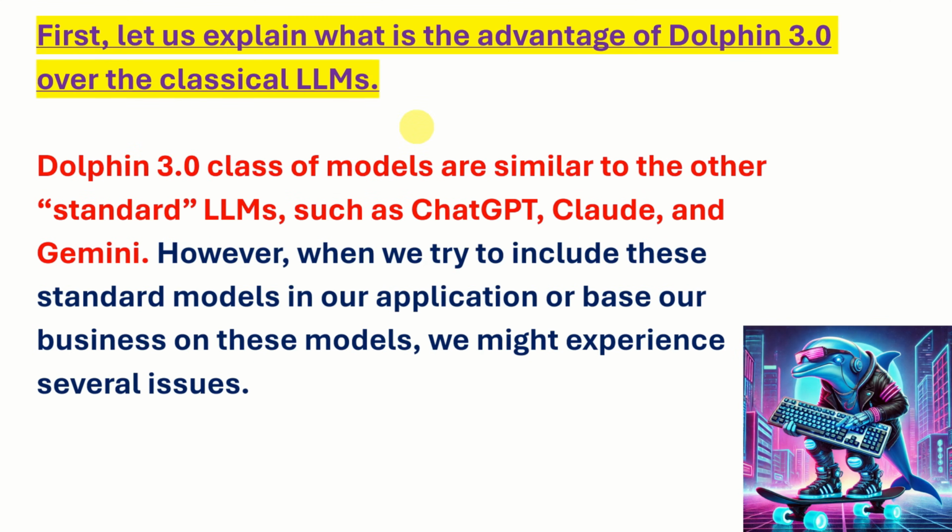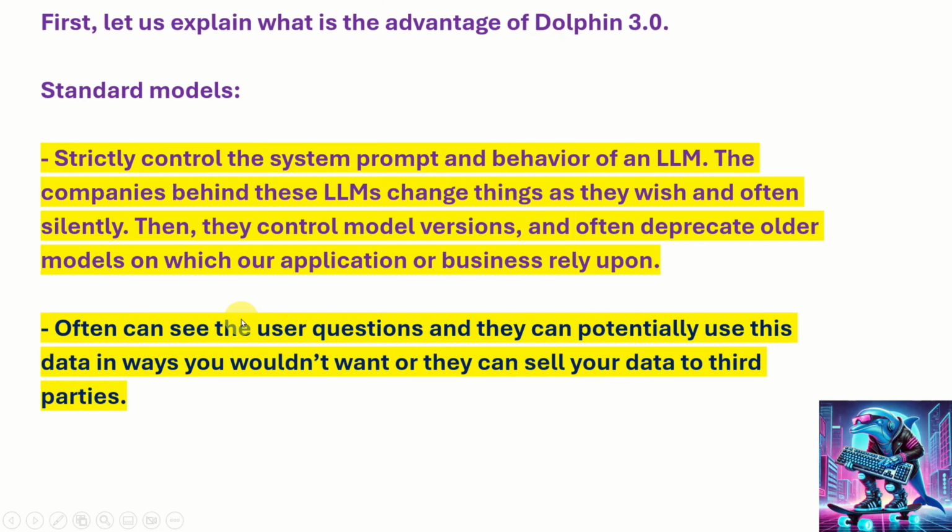First, let's explain what is the main advantage of Dolphin 3.0 over the classical large language models. Namely, Dolphin 3.0 class of models are similar to the other standard LLMs, such as ChatGPT, Claude, and Gemini. However, when we try to include these standard models in our application or base our business on these models, we might experience several issues.